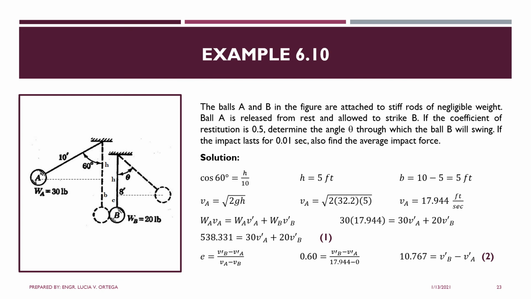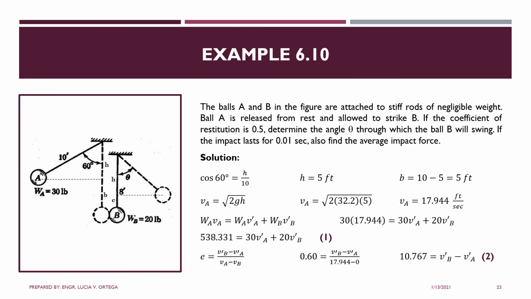Substituting the given values, 30 times the velocity equals 30 v_A' plus 20 v_B'. Simplifying, we have equation 1. Then using the coefficient of restitution, (v_B' minus v_A') over (v_A minus v_B), substituting the given values, we have equation 2.